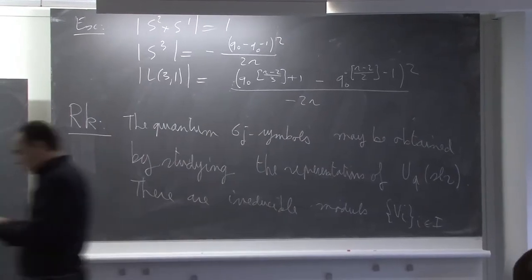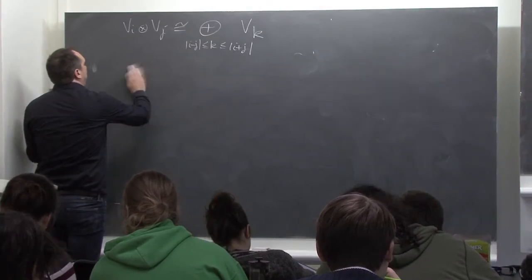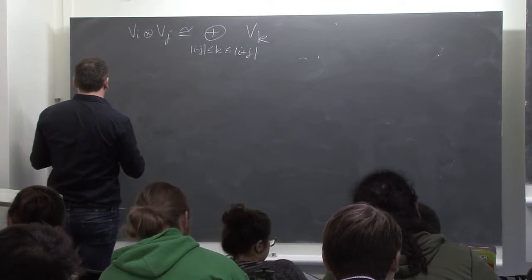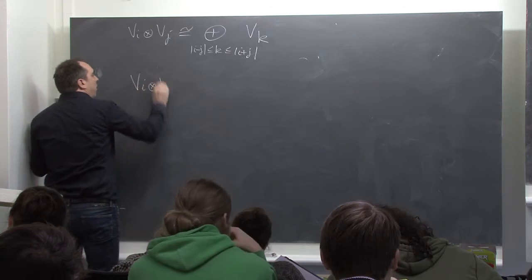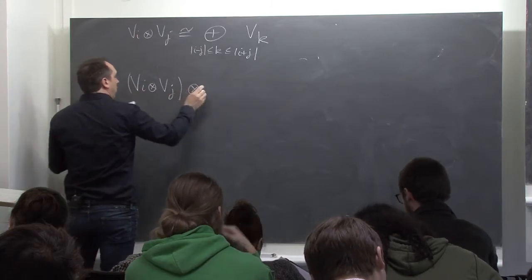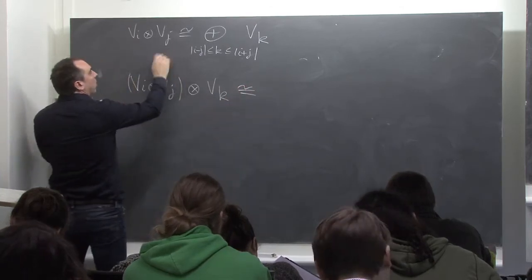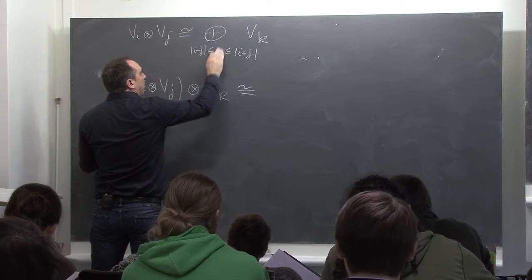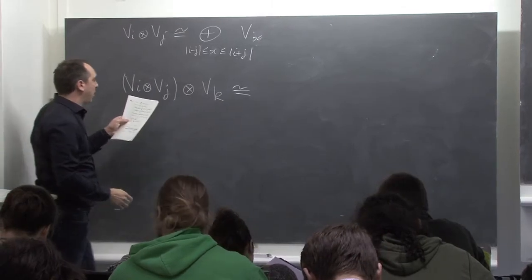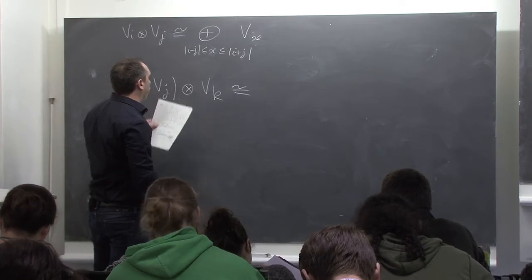But then, what can we do? So we have that Vi tensor Vj tensor Vk is isomorphic, so here maybe I put n. Here you see that you can find that sum.